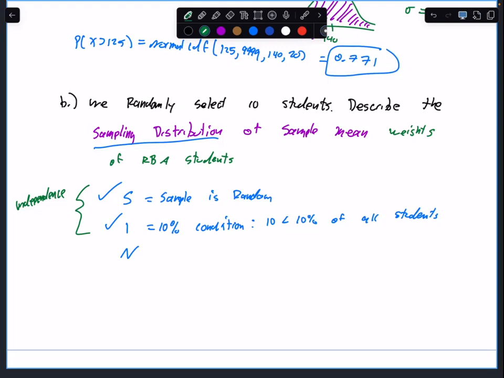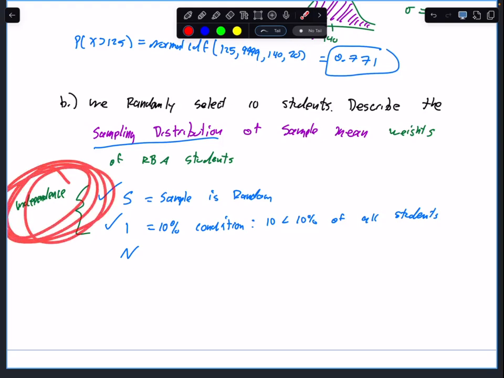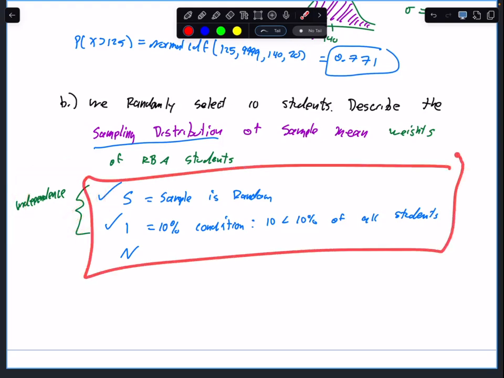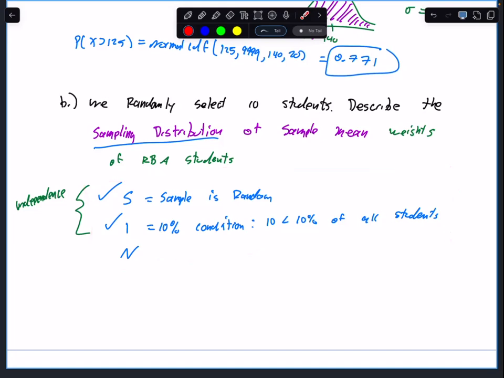The answer is yes, as long as these first two conditions are met. I'm not going to be a big stickler on you. If you don't talk about this independence part, that's fine. If all you do is get me what's in here, that's going to work.